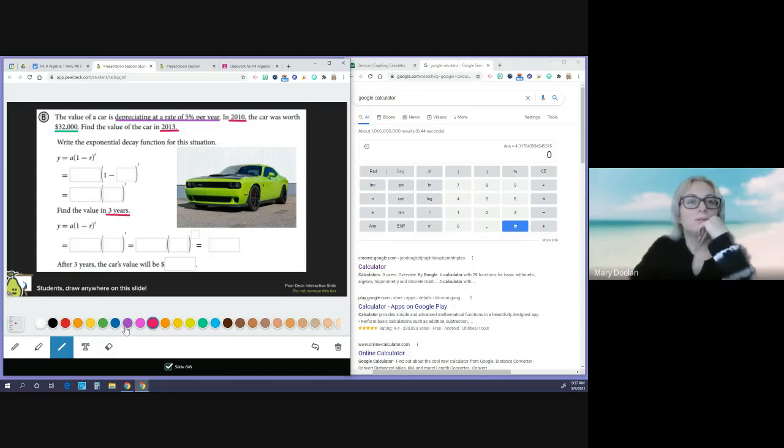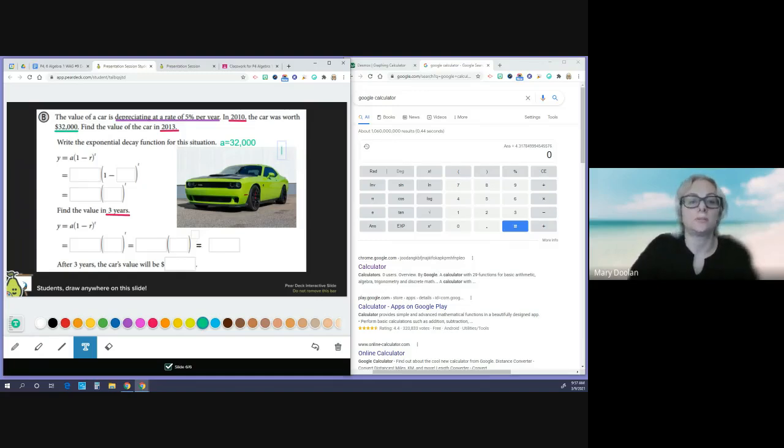For your value of A, now I'm going to go to text. A is equal to $32,000. So something I noticed with HMH, in this assignment, if you don't put in the comma, it might mark you wrong.